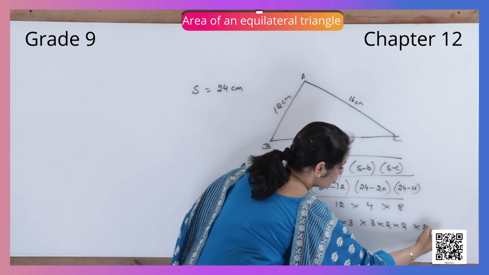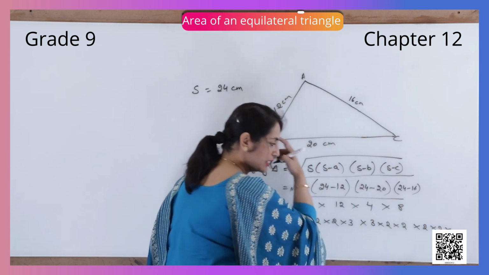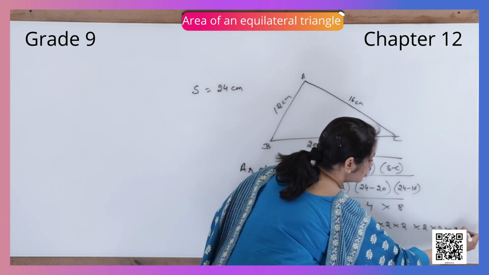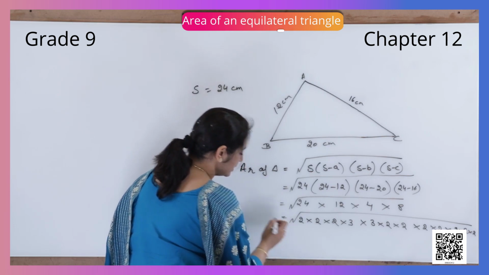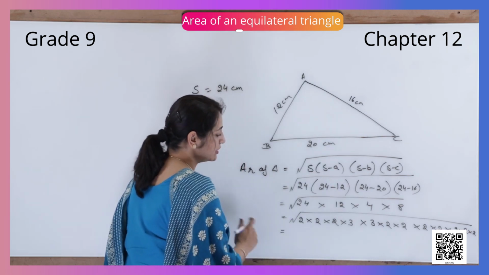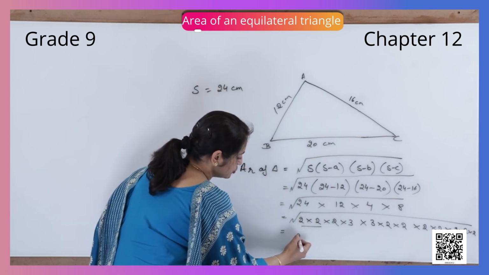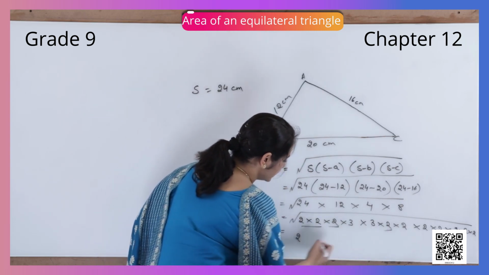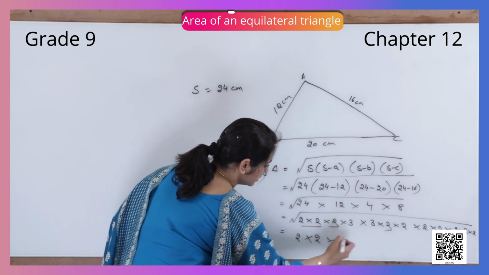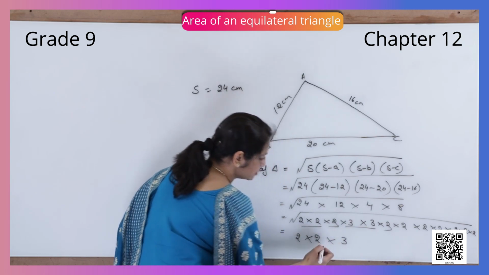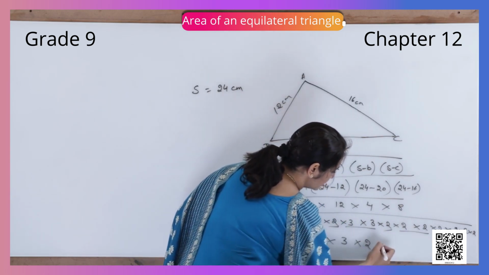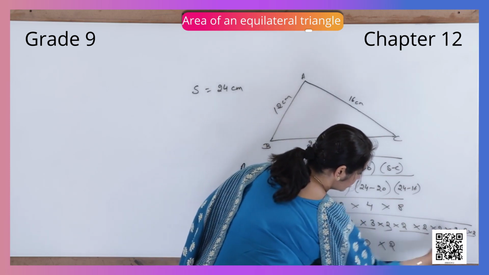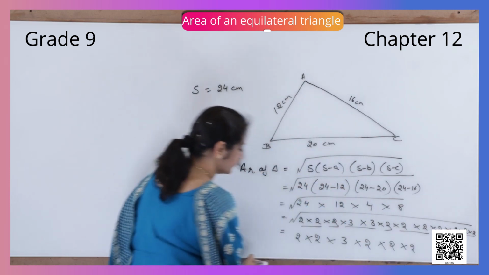For 4, 2 into 2, and for 8, 2 into 2 into 2. Square root. Now we just need to take out one out of each pair. 2 out of these 2s, 1 more. From these we'll have a 3, again a 2, again a 2, and again a 2.